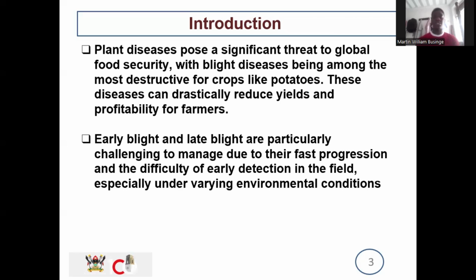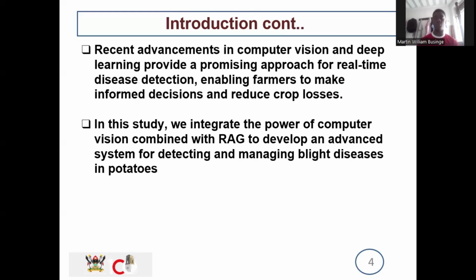These blight diseases affect potatoes, and they can drastically reduce the yield and profitability for the farmers. Early blight and late blight particularly are challenging to manage because they propagate quickly and they are difficult to predict early in the field, especially in different environmental conditions.